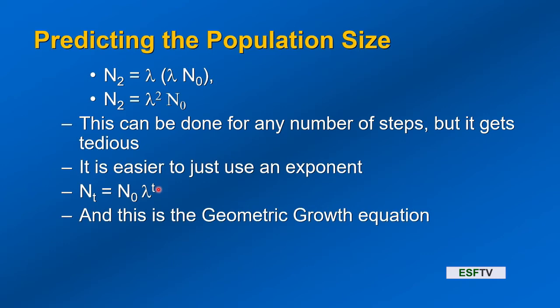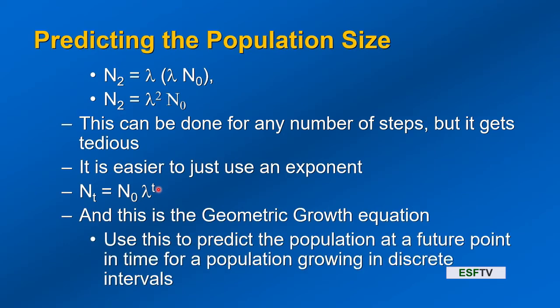It works for pulsed population growth because the equation to get lambda is very simply this year to the next year. And then you raise it to however many years you're looking at investigating. So predict the population at a future point, and it's only good for a population growing in discrete intervals.